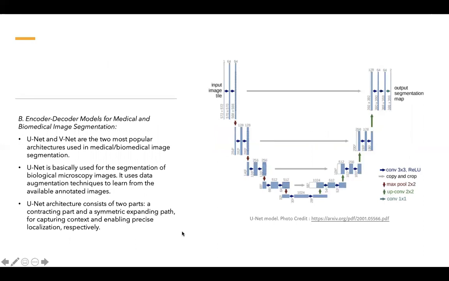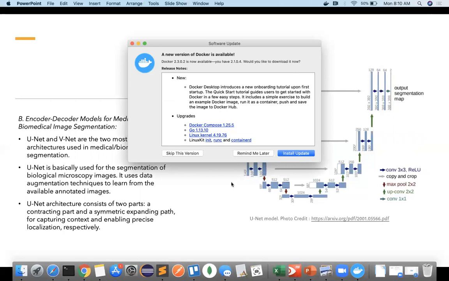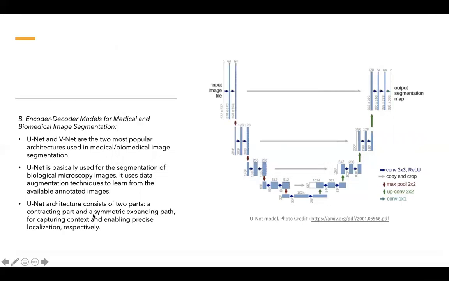Then comes the encoder-decoder models for medical and biomedical image segmentation. UNet and VNet were the two most popular models in this category. The UNet uses data augmentation techniques to learn from the available annotated images, which helps us improve accuracy. It consists of two parts: a contracting part and a symmetric expanding part, for capturing context and enabling precise localization respectively.